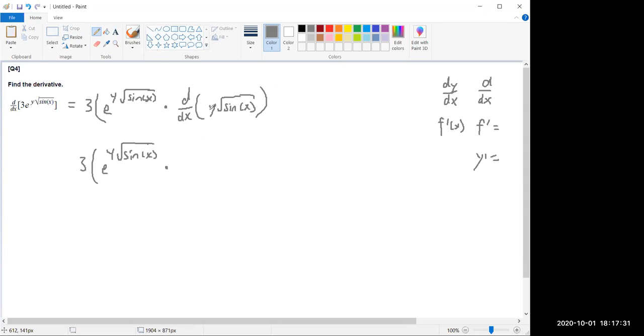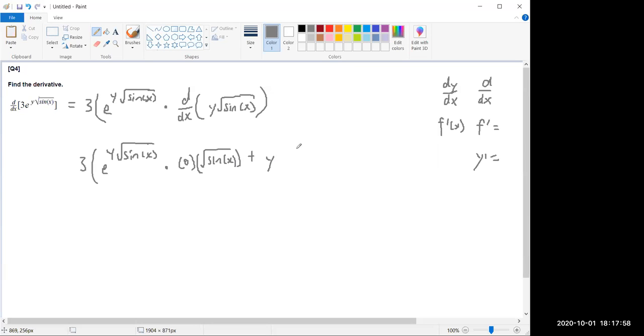So imagine if y was just a constant when we take the derivative. If it's just a constant, then the derivative of y is 0. Okay, we can leave the other part the same. So square root of sine of x plus, now we leave y the same and we take the derivative of square root of sine of x.